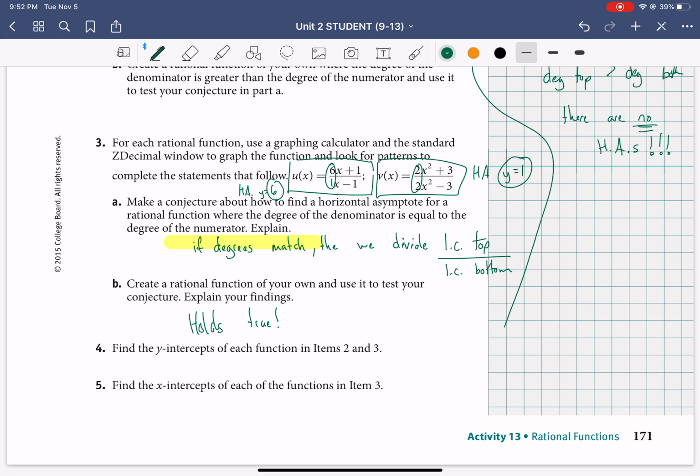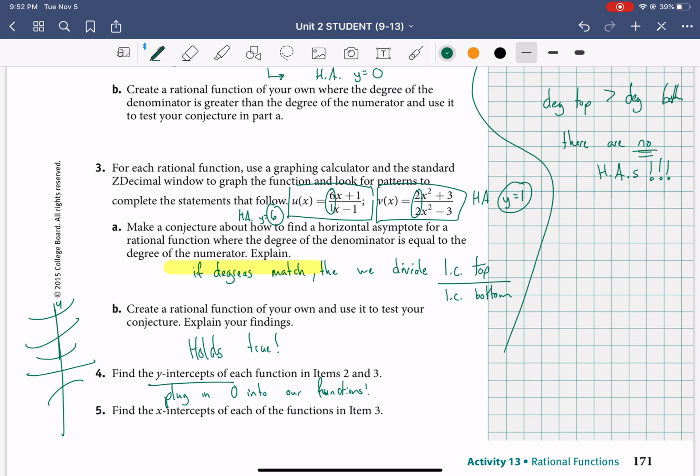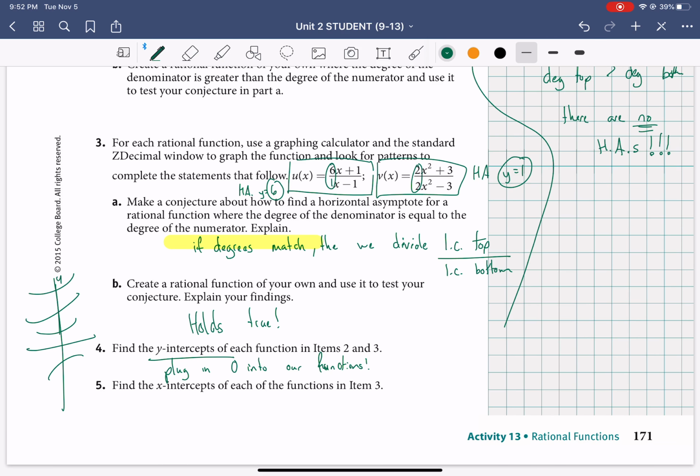Number 4. All right, we want to find the y-intercepts, which would be where any of these curves cross the y-axis. And that's at x equals 0. So all we have to do is plug in 0 into our functions. So we're just going to do one example, and let's just do the one that I can still see on the screen.